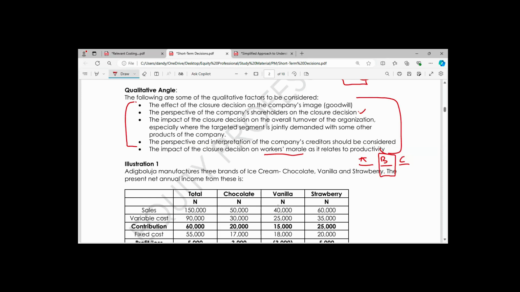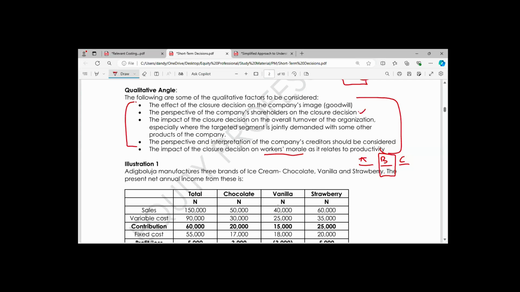So the workers operating on products A and C will be worried that today these colleagues have to go, tomorrow it may be our own turn too. So they have to put a human face to whatever they are doing, and that will affect their morale. If morale is affected negatively, certainly it will lower productivity.